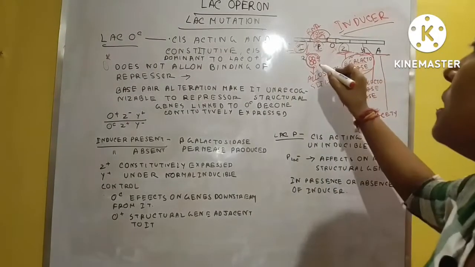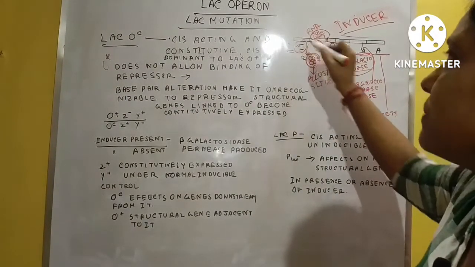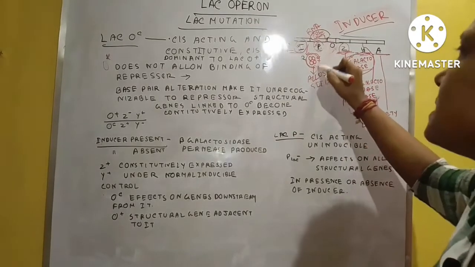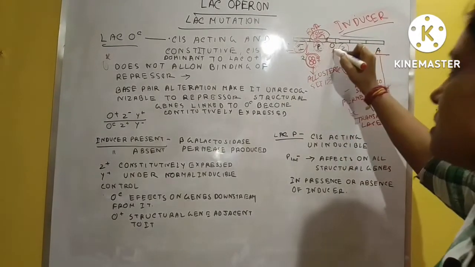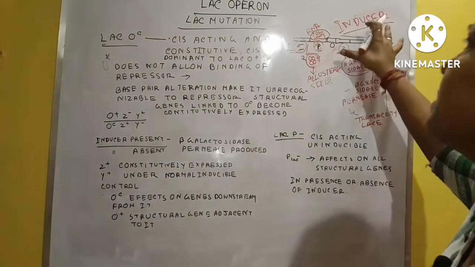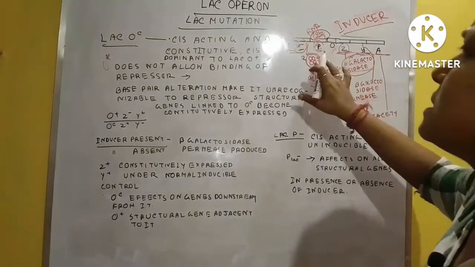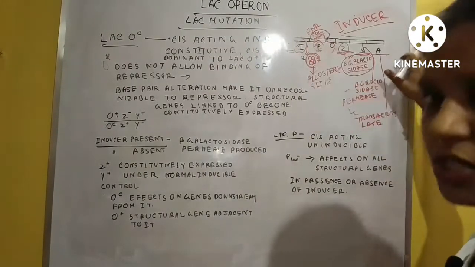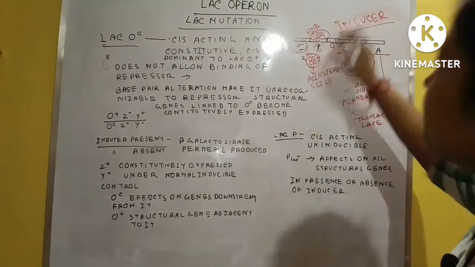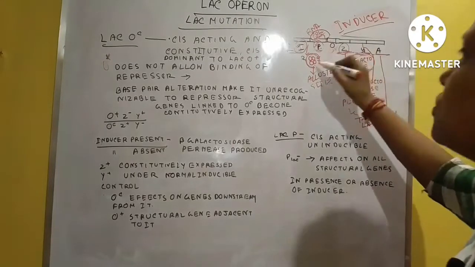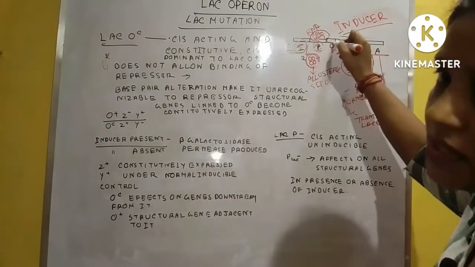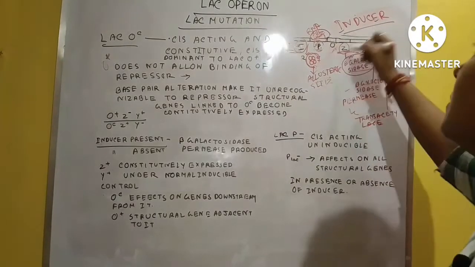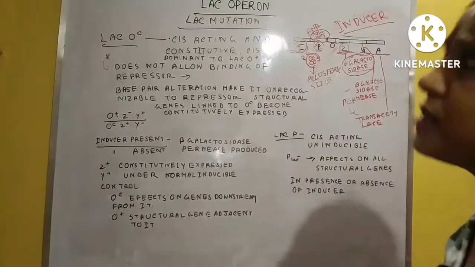Because the regulator gene produces the repressor protein, and this repressor protein binds to the operator system. In the presence of inducer, it cannot bind continuously to the operator system, so transcription of these genes is possible. If inducer is absent, it binds to the operator system continuously, or for a longer period of time, and transcription is not possible.